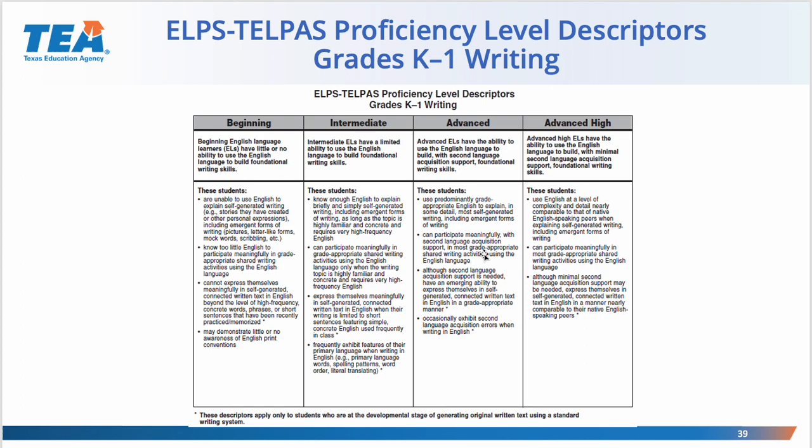That's where we're moving from the BICS to the CALPS, right? So if the shared writing has a more academic tone, then that's when you're getting the advanced high students that are able to participate in that meaningfully, but they still need some support, right?